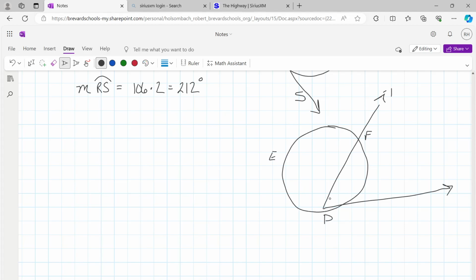We're given this 64-degree angle right here, and you're asked to find the measure of arc DEF.